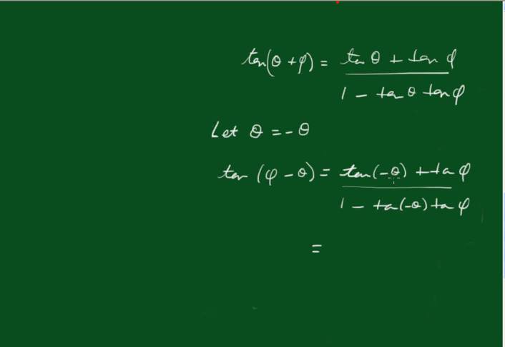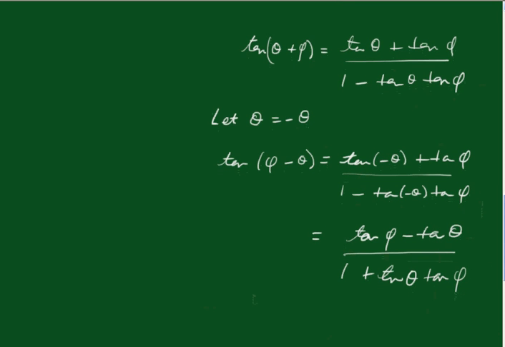Tan of minus theta is minus tan theta, so this is going to be the tan of phi minus the tan of theta, all over 1. Now this becomes minus, that becomes plus, plus the tan of theta tan of phi, and that's the 6 results which you need to commit to memory.